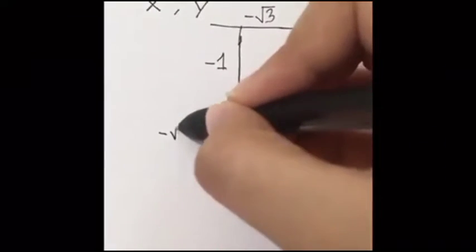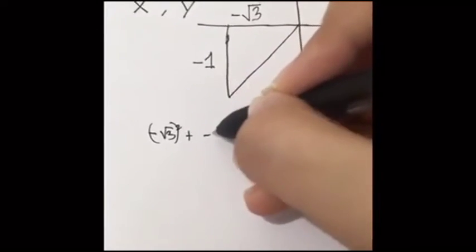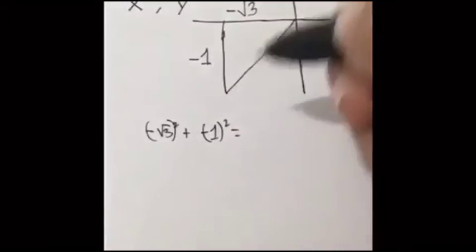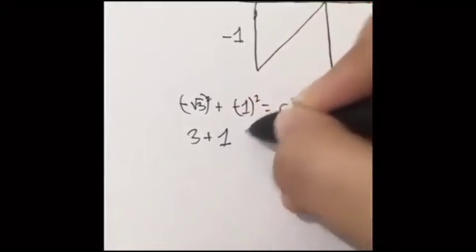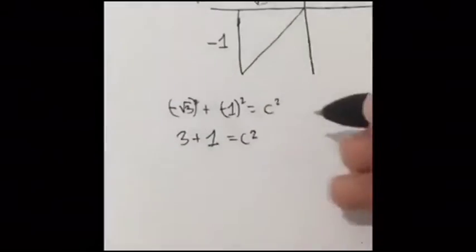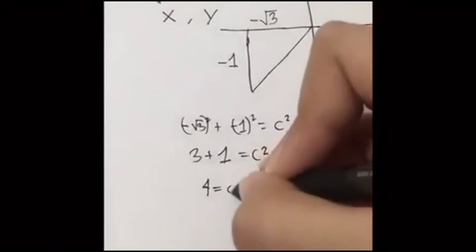So -√3 squared plus -1 squared, and that would be equals to c squared. So 3 plus 1 is equal to c squared, and the answer will be 4 is equal to c squared.